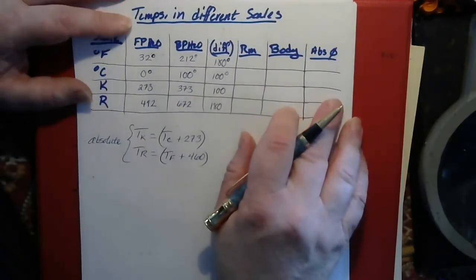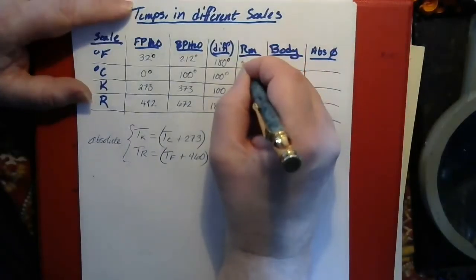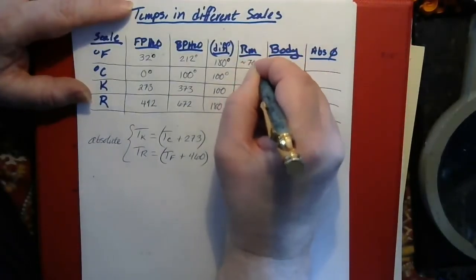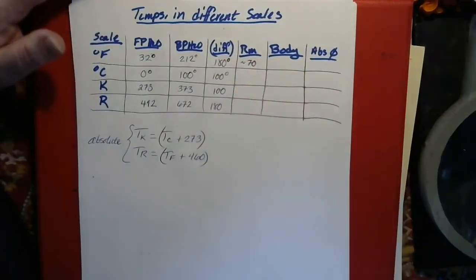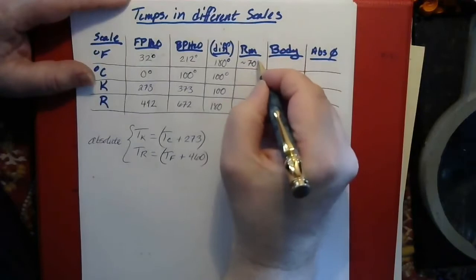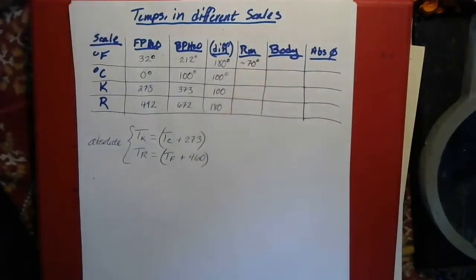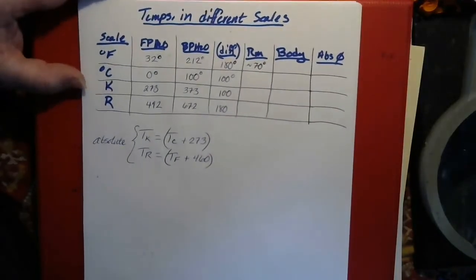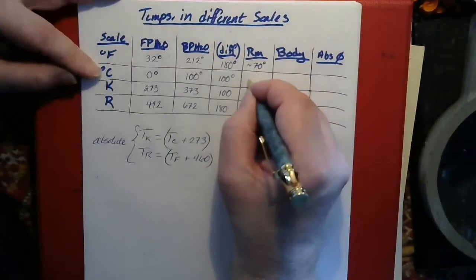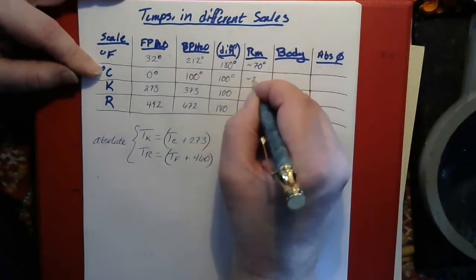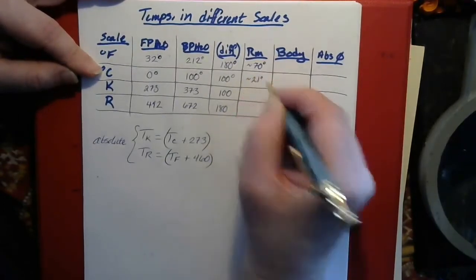For room temperature, there's some disagreement. There's room for disagreement anyway on what room temperature should be. Probably know that if you've ever spent a lot of time visiting your grandparents. But we'll say that room temperature is about 70 degrees. In Celsius, that would be equivalent to about 21 degrees.